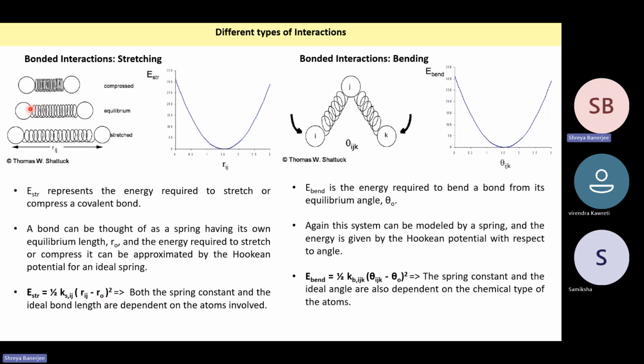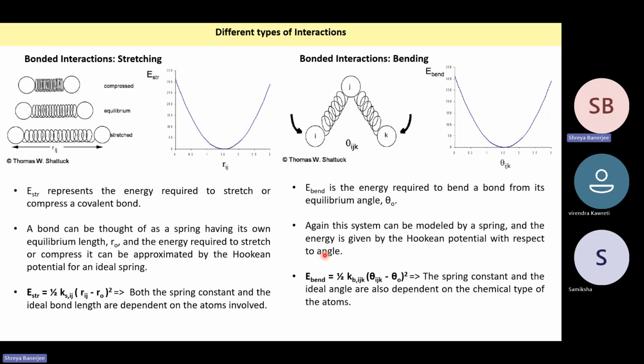R0 is the equilibrium bond position, and Rij is the position when the molecule is moving about, as the bond can lengthen or shorten. So these changed lengths are the Rij. The deviation from the equilibrium position squared is the energy of the stretching of the bond.